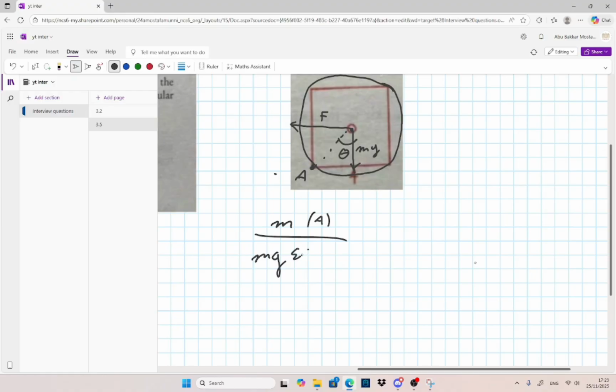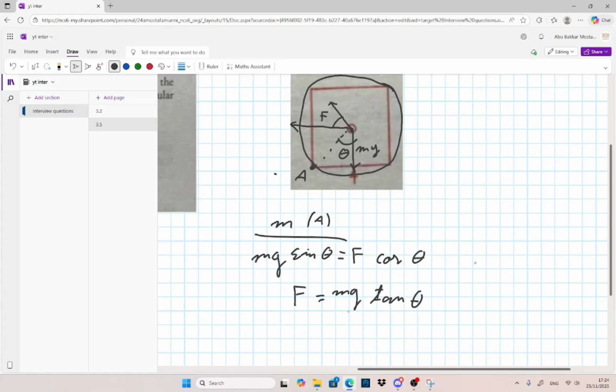So mg sine theta has to be equal to the force F right here, which is going to be opposite to it, which is going to be cos theta. So F cos theta. From this, we can tell that F is equal to mg tan theta.